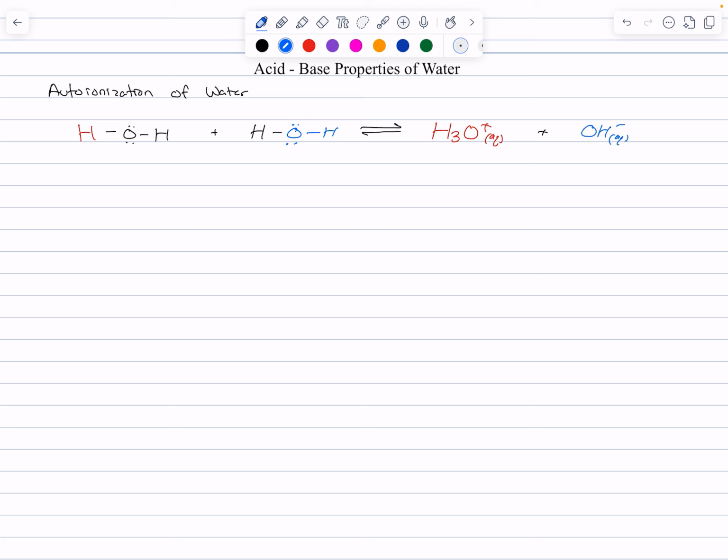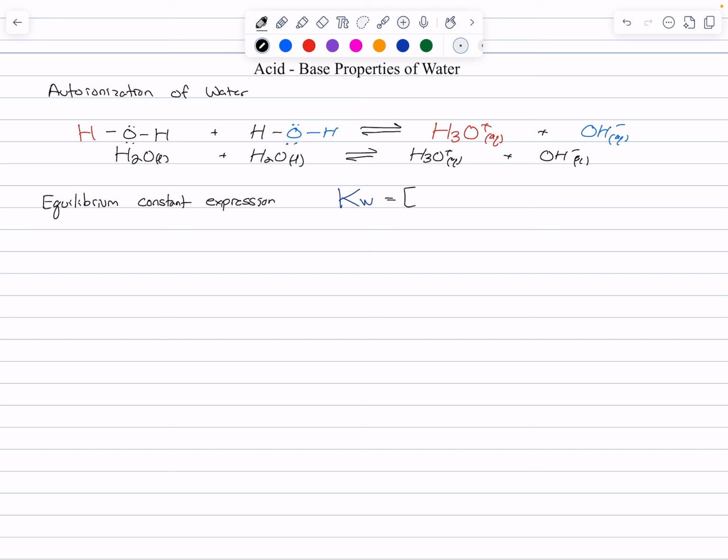All right. So most of the time, we'll just write it as H2O liquid plus H2O liquid going to your hydronium and your hydroxide. So now, if we were to write the equilibrium constant expression for this, we'll have K, and it'd be Kw for water.